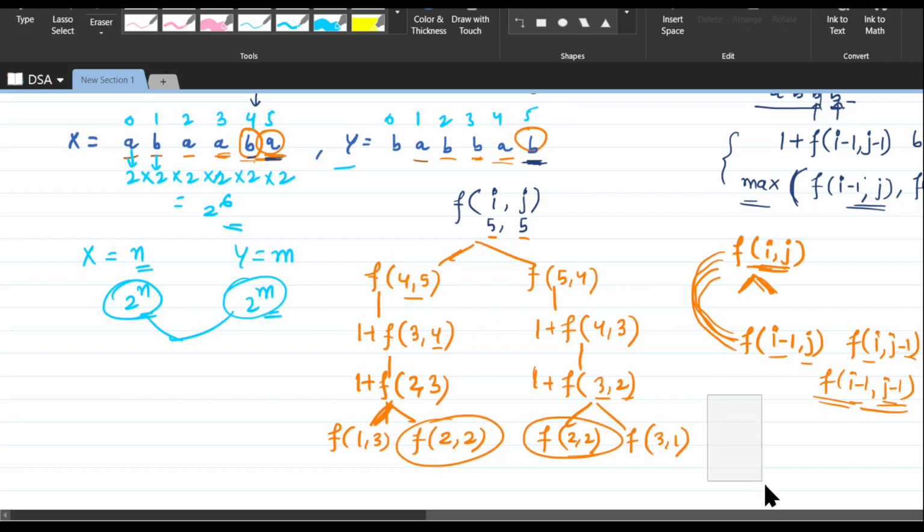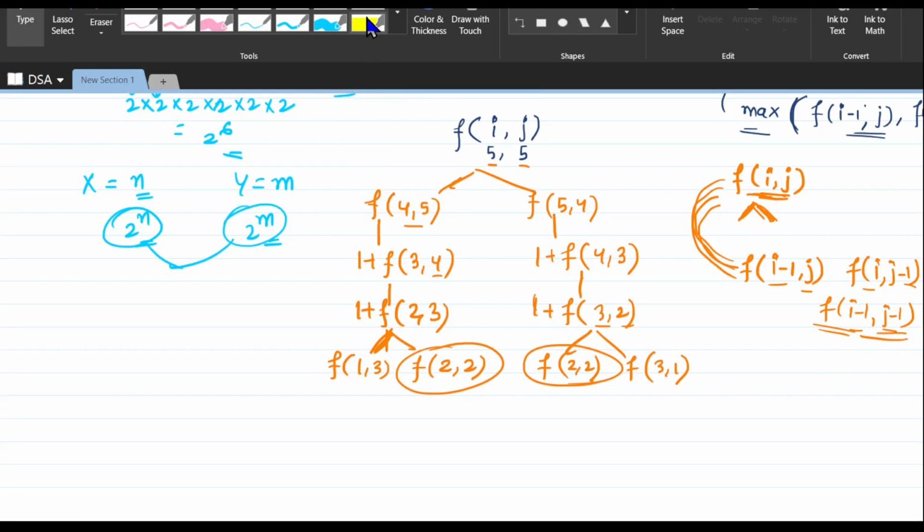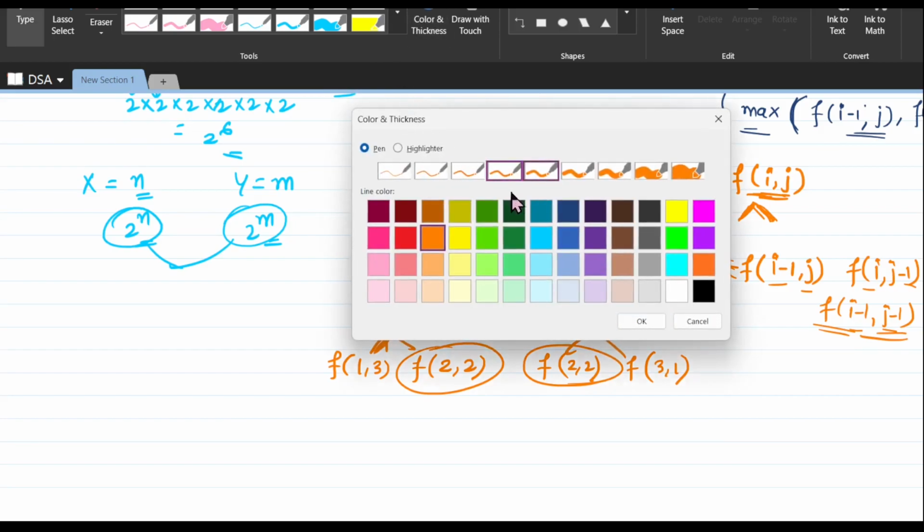So how will we solve this using dynamic programming? Let me make you understand by making the matrix. So let me use a different pen here.